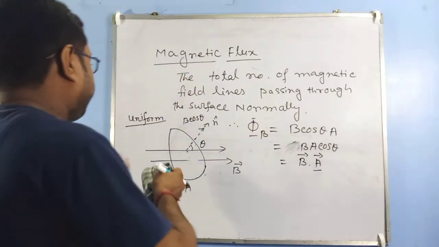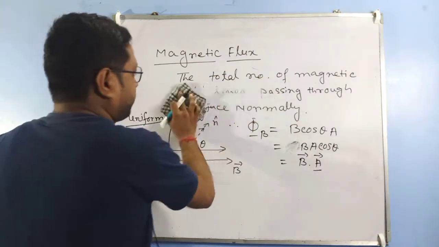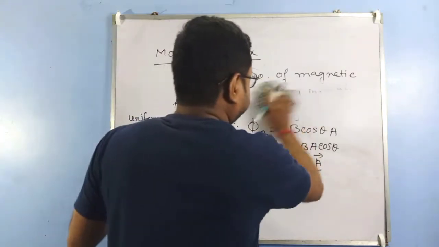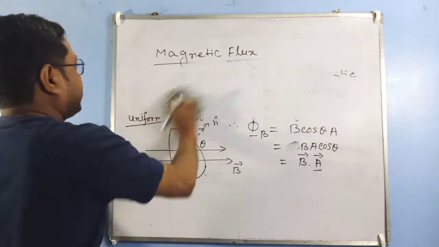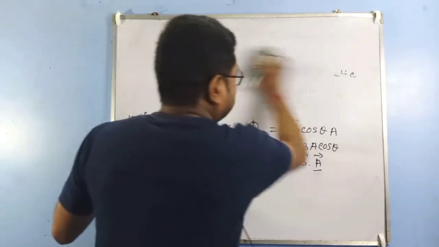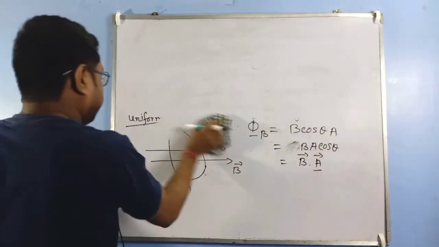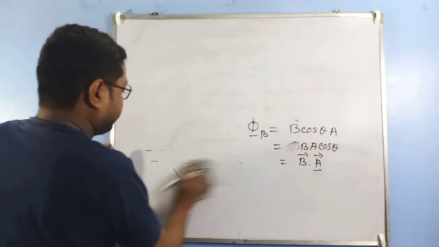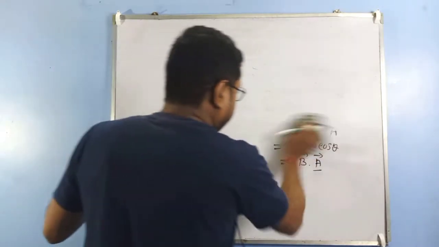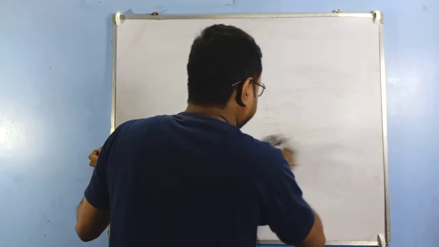Now, if the magnetic field is non-uniform, then what can we get? That is, the magnetic field lines change with time. Here uniform means the total number of magnetic field lines will be equal.